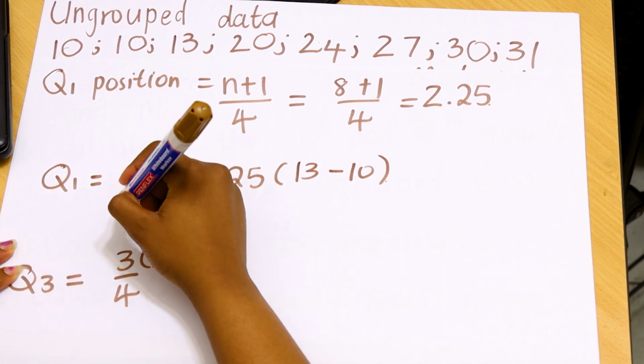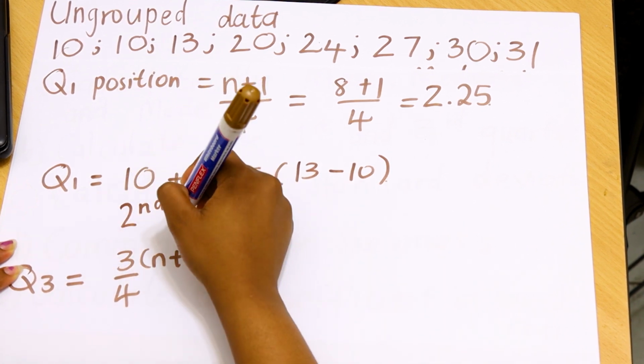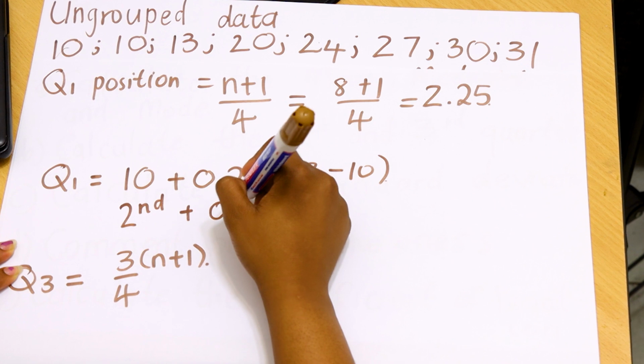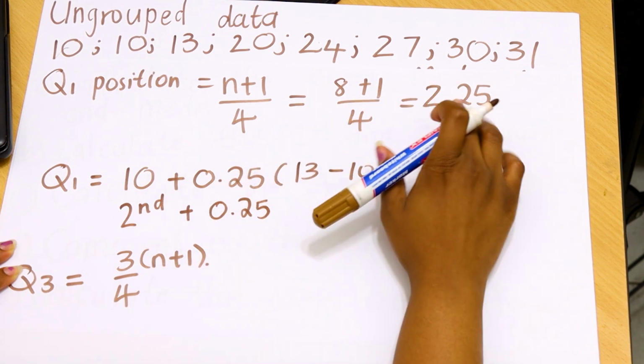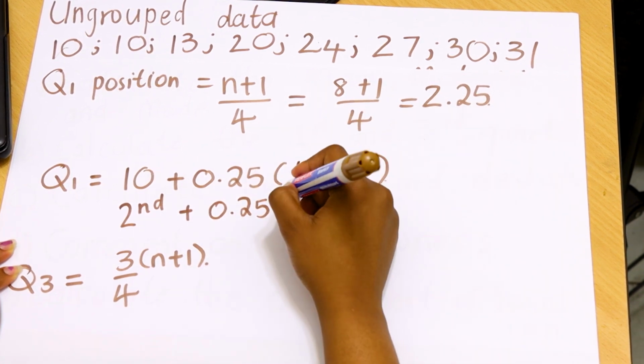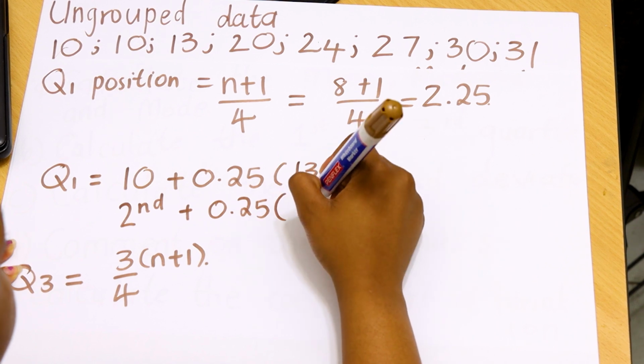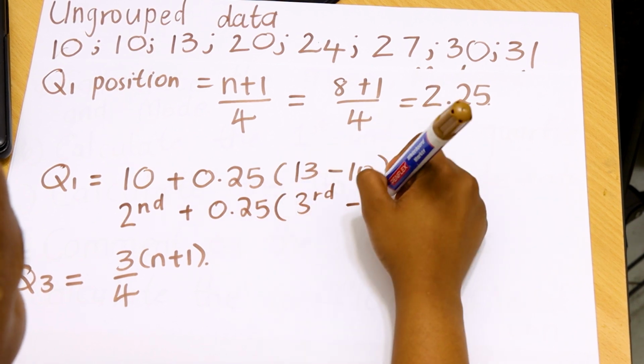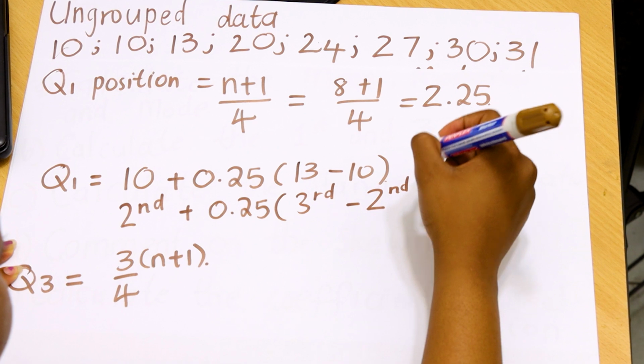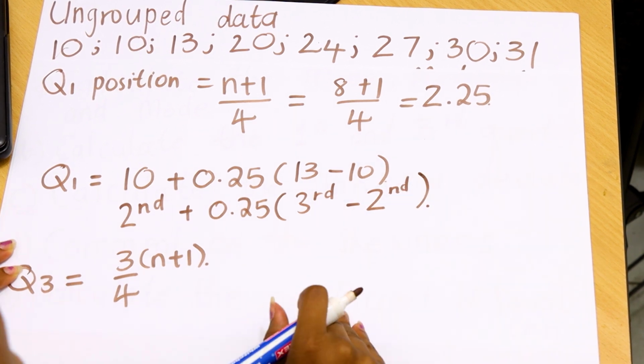So just to write: the number on the second position plus 0.25, which comes from here, multiplied by the number on the third position minus the number on the second position.